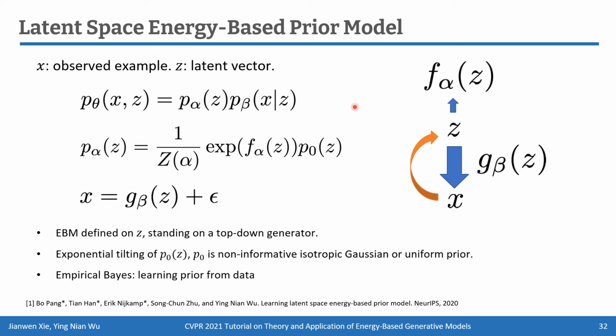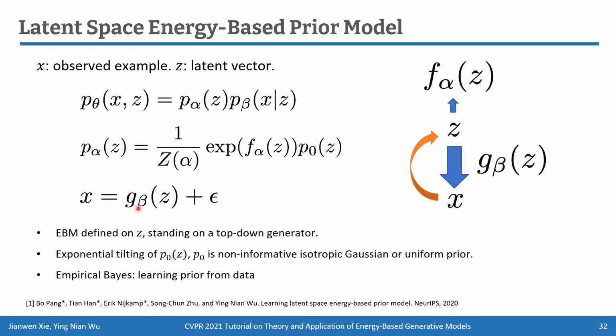Then we assume that the prior model for the latent Z follows an exponential tilting of the original non-informative prior model. And then Z still generates X through this G, the generator top-down mapping. So now the energy-based model is defined on Z and it stands on a top-down generator.